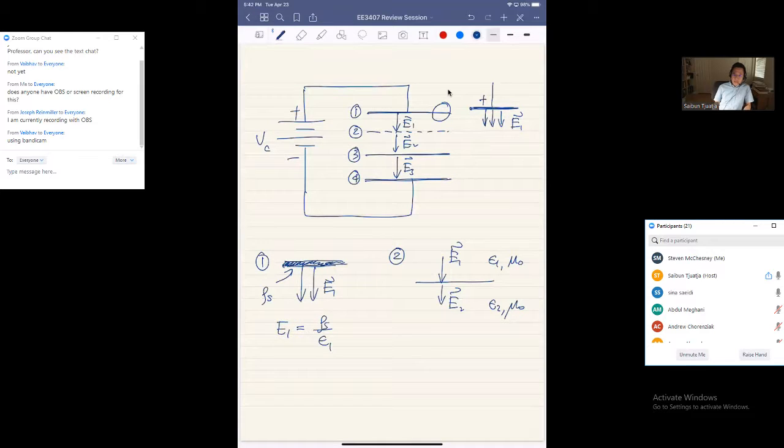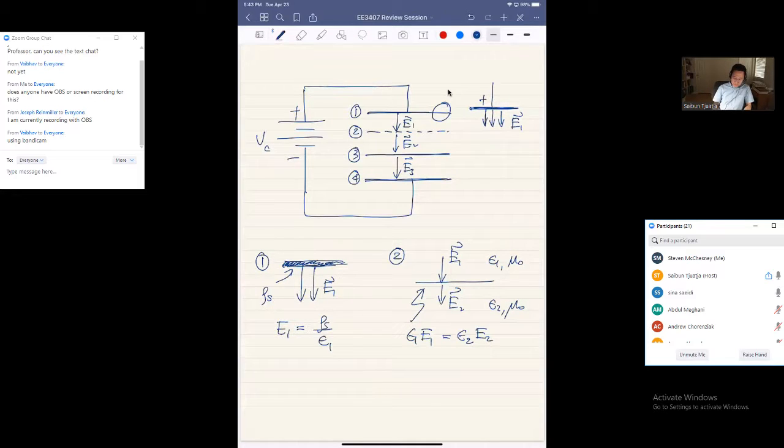I know that the normal component has to be the same for D. So at this boundary, epsilon 1 E1 is the magnitude, because I know it is already normal. I don't have to worry about the vector at this point. Epsilon 1 E1 has to be equal to epsilon 2 E2, right? So that's the second boundary.